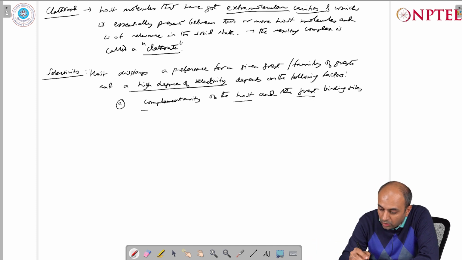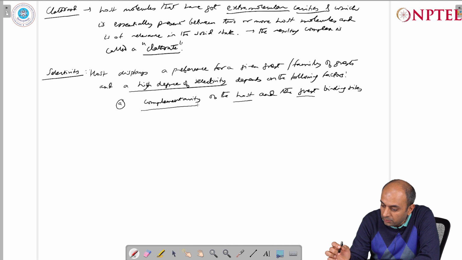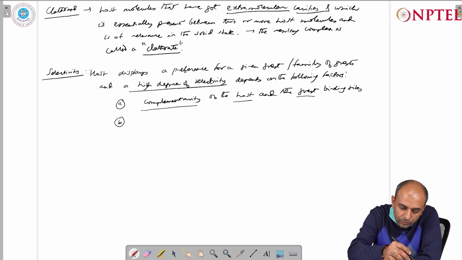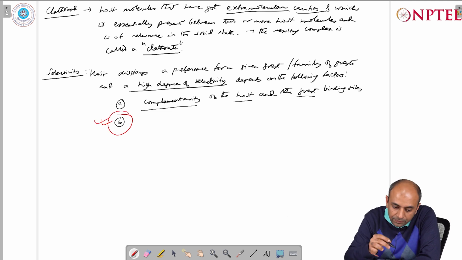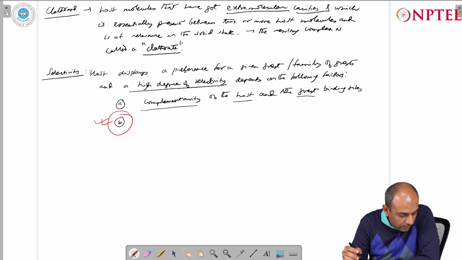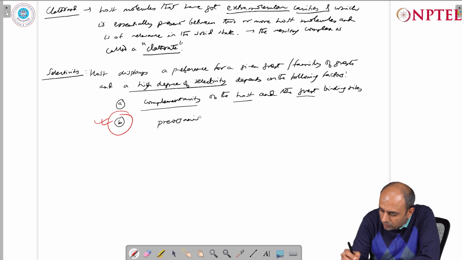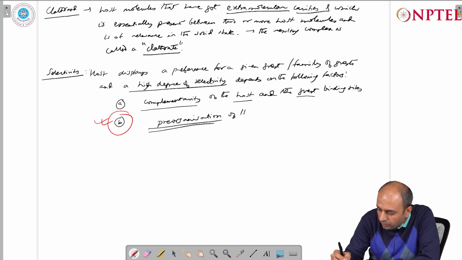So, there must be a good complementarity between the host and the guest binding site. The second very important factor, which I will highlight in red, is the pre-organization of the host conformation.